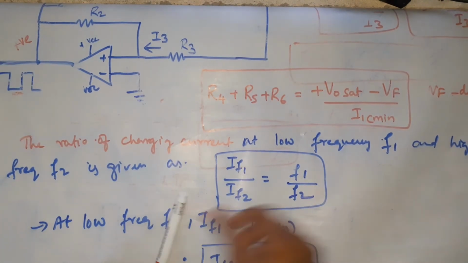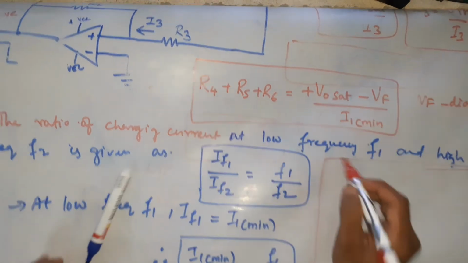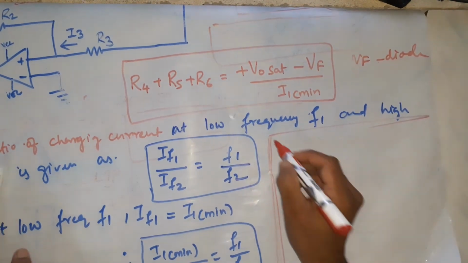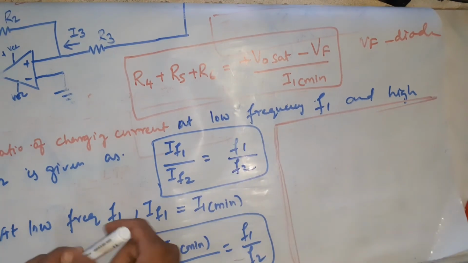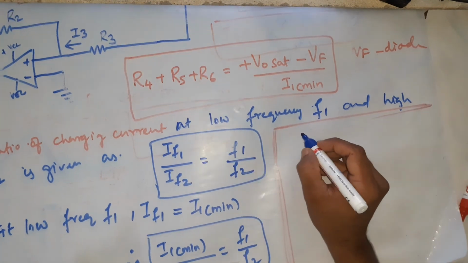Now, some more part is required. I'll write it here because we are still not done with R4, R5, R6, right?